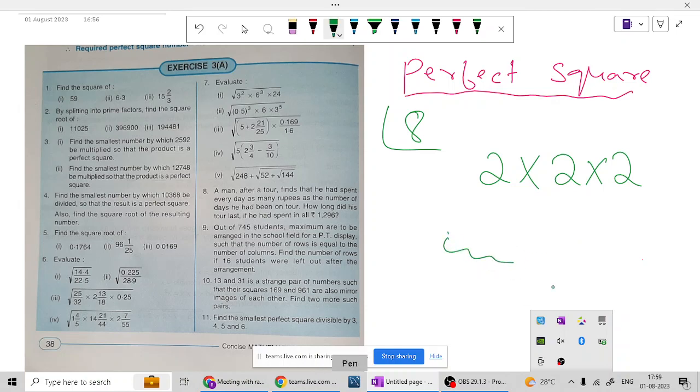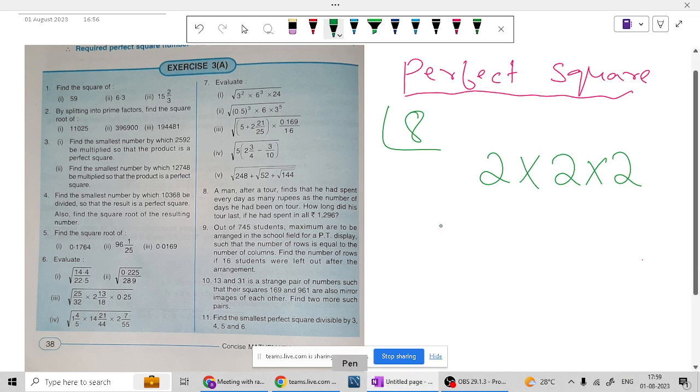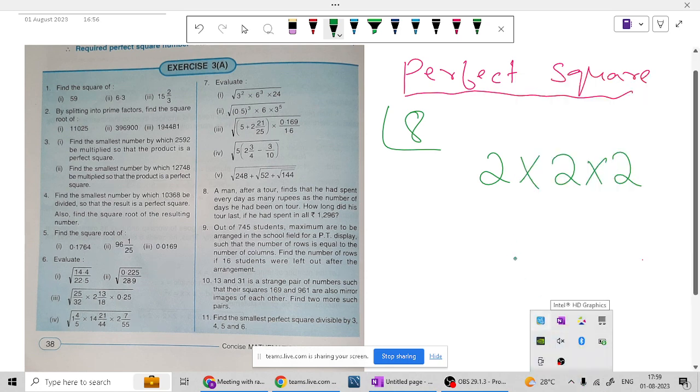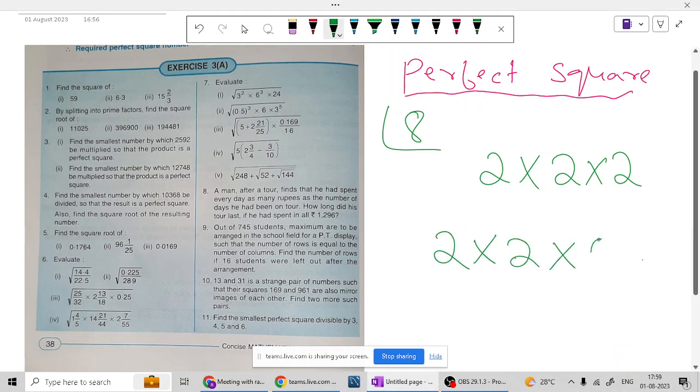Can I write something? Sir, can you write 2 into 2 into 2? No, sir. Okay, give me a minute, I'll check.